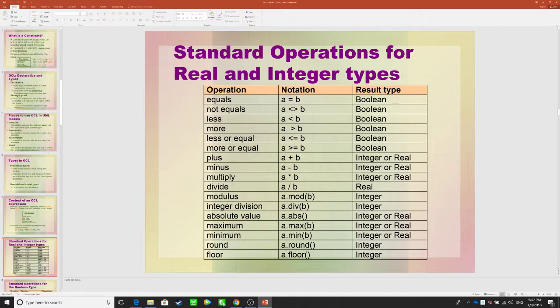But remember that divide returns a real, and the modulus, integer division, absolute value, maximum, minimum, round, floor. All those are pretty easy to understand, right? So basically all those are the standard mathematical operations on these values which you can use in the OCL.